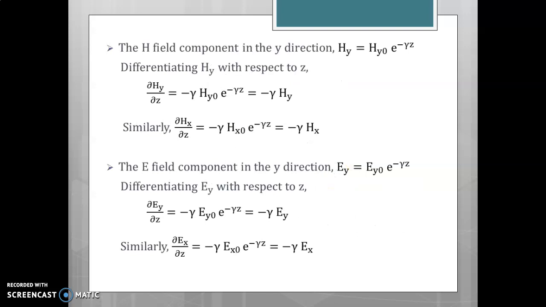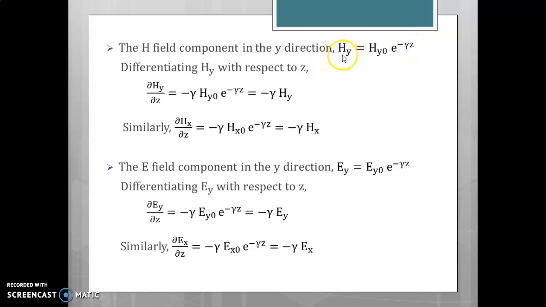Now, the magnetic field component in the y direction is described by Hy is equal to Hy naught e power minus gamma z. Hy naught is the amplitude, and this is going to represent the phasor angle. Since the electromagnetic field is propagating in the z direction, I am representing it by e power minus gamma z.